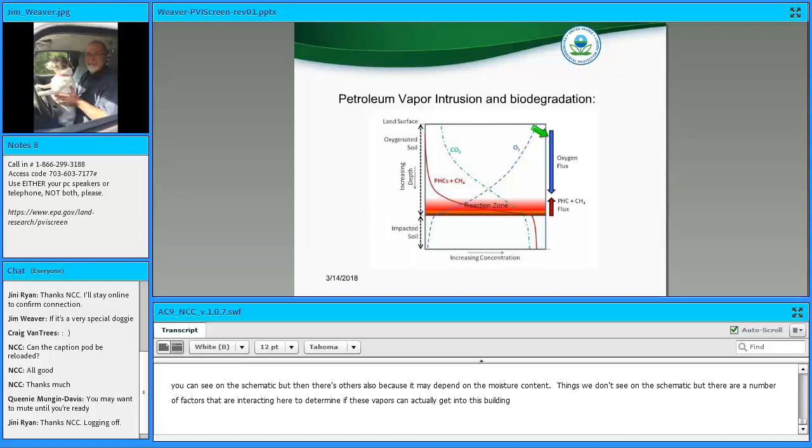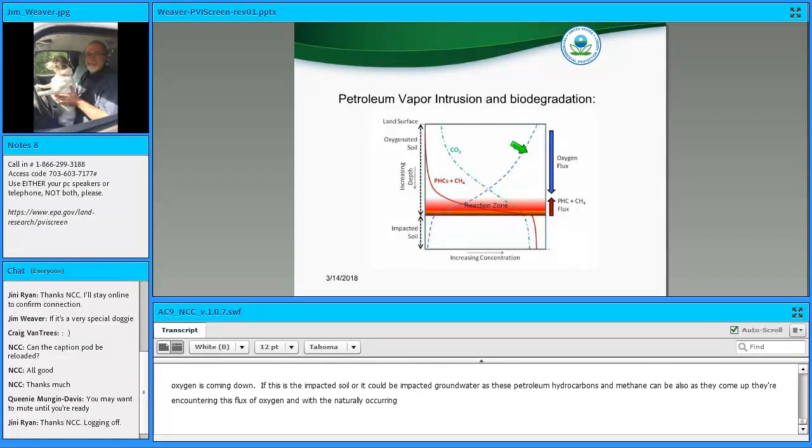Okay, and just a little bit more on biodegradation. I mentioned the oxygen flux from the atmosphere. So oxygen is coming down. If this is the impacted soil, or it could be impacted groundwater, as these petroleum hydrocarbons and methane come up, they're encountering this flux of oxygen, and with the naturally occurring bacteria, there's a reaction zone.